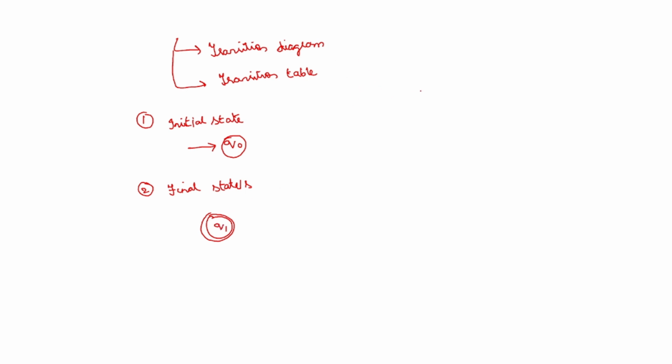For example, let us take a diagram with q naught being our initial state and q1 being our final state. When applied with a it goes to q1, and when applied with b it stays on itself, and q1 when applied with a goes to q naught, and when applied with b stays on itself.